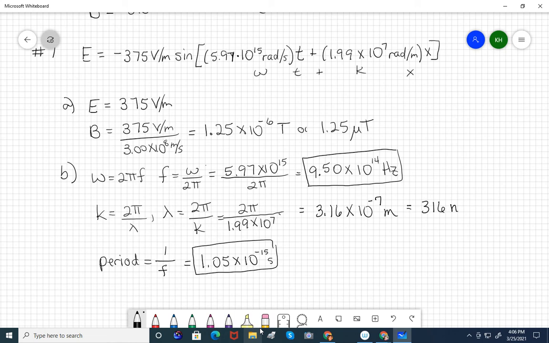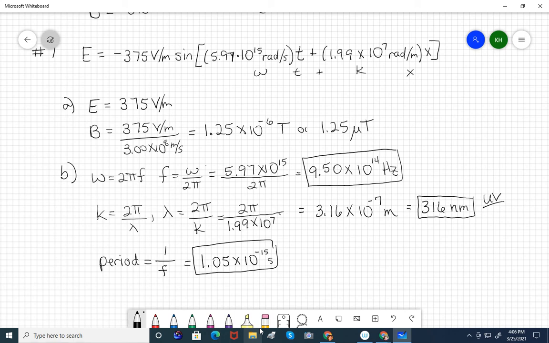This is also 316 nanometers. We often do visible light in nanometers. This isn't visible though. This is going to be in the infrared. I'm sorry, this is going to be in the ultraviolet. That wavelength is a little too short. This is UV radiation. We can only see to maybe 400 nanometers. Anything shorter, we're not going to see it.